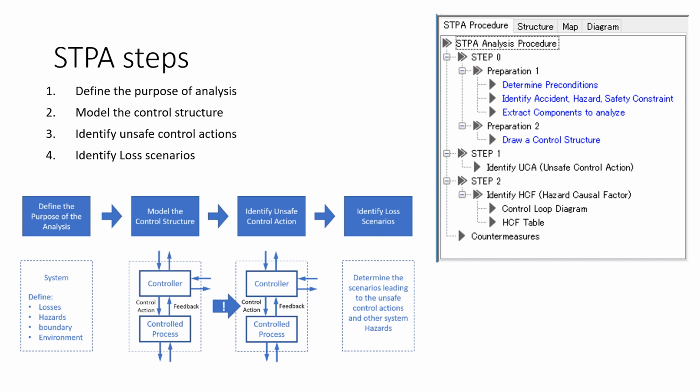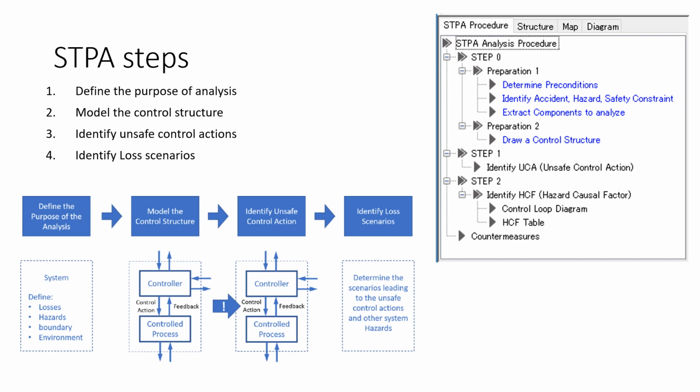So here are the STPA steps. If you see this right side diagram, it was already discussed before, but you can easily relate it now with both the diagrams. You need to remember these 4 steps. First thing is to define the purpose of analysis.